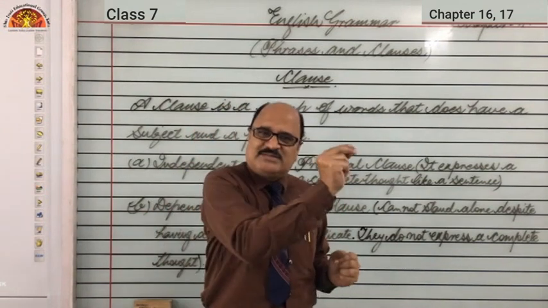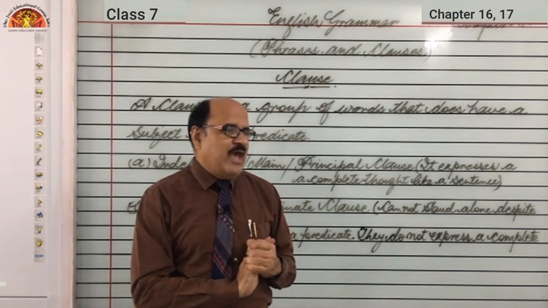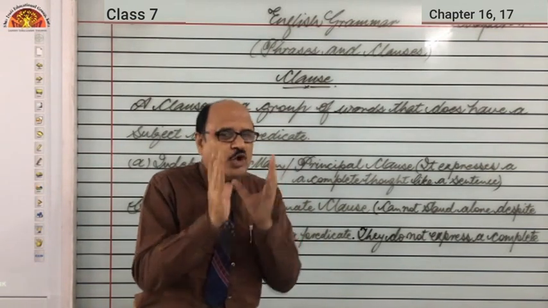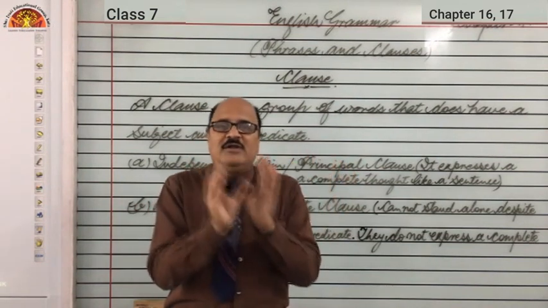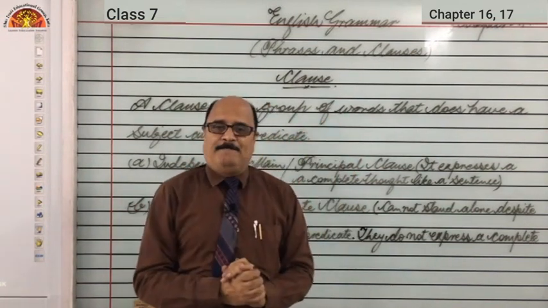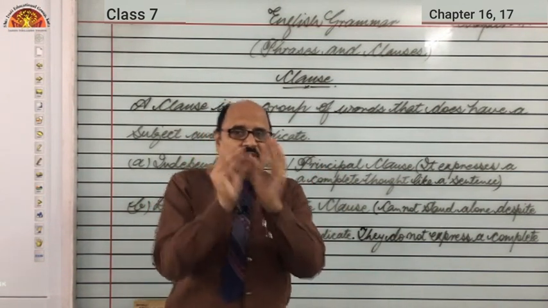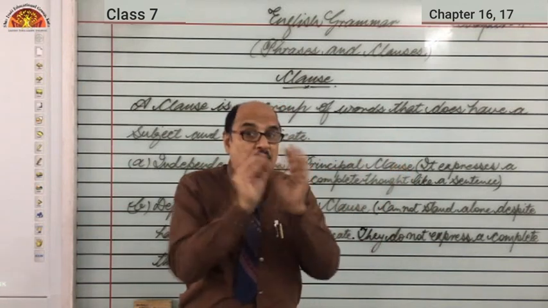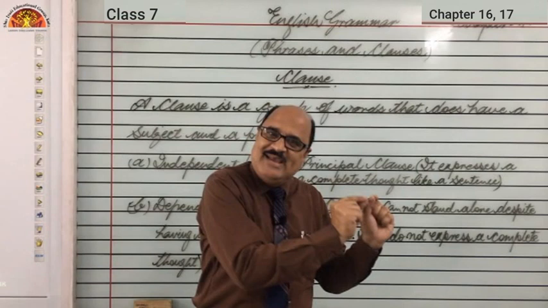Rahul likes maths, Rohan likes English. And we have been given a task to join them. Rahul likes maths and Rohan likes English. Join them and make one. So what? Rahul likes maths, but Rohan likes English.